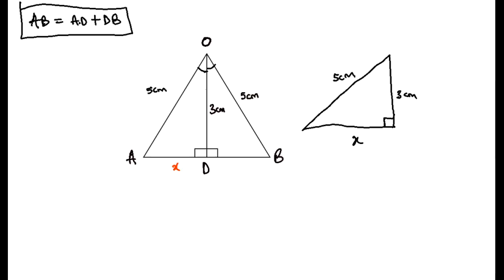To get AB, I need to know AD. If I know AD, I've known DB. So we're trying to get AD from here. From Pythagoras theorem, it states that the square of the longest side, OA square, is equal to the sum of the squares of the other sides. What is OA? OA is 5.